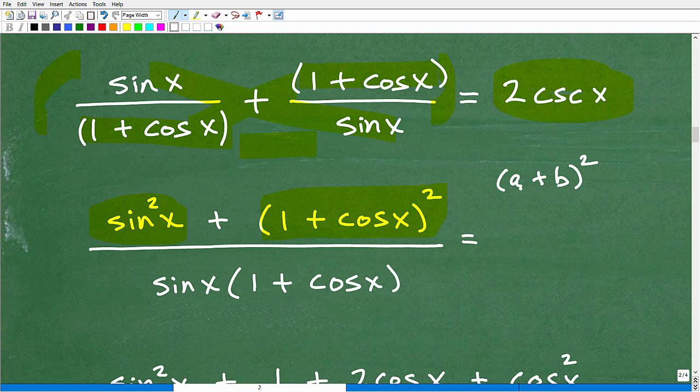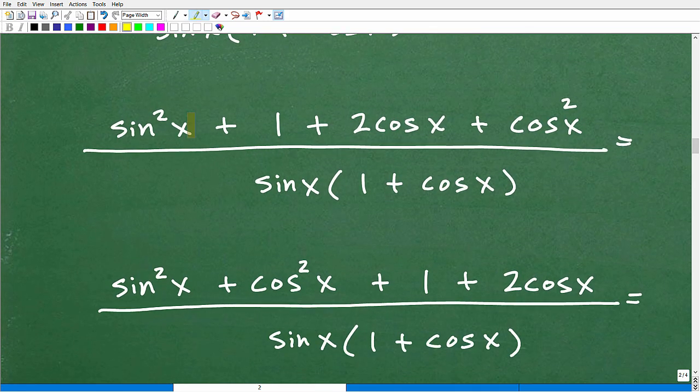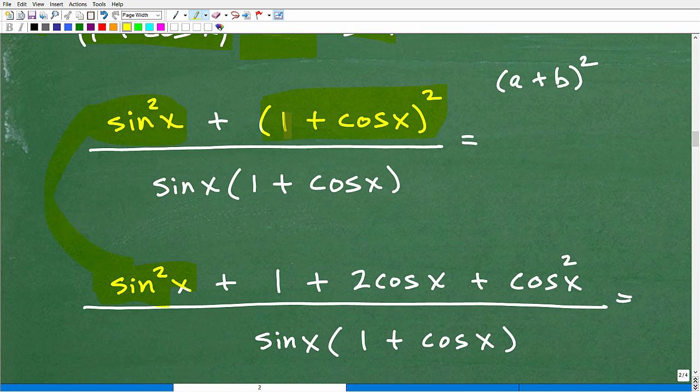At this level of math, I'm not going to explain basic algebra to you, but if you know how to do that, you would end up with this. We still have our sine x right here. Still have my sine x, but 1 plus cosine x squared expands out to cosine x squared plus 2 cosine x plus 1. Now I just wrote it this way. I just wrote the terms in this direction, but this is equal to this.